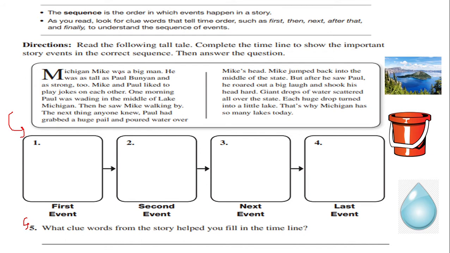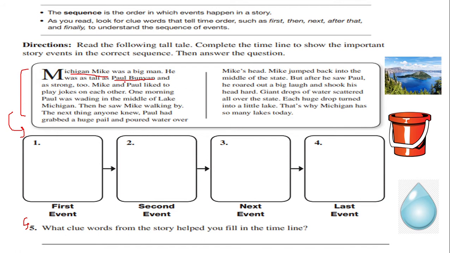Michigan Mike was a big man. He was as tall as Paul Bunyan and as strong too. So we have this man, Michigan Mike, who was as tall as Paul Bunyan. Remember that this is a tall tale. We learned before that a tall tale uses exaggerated events.